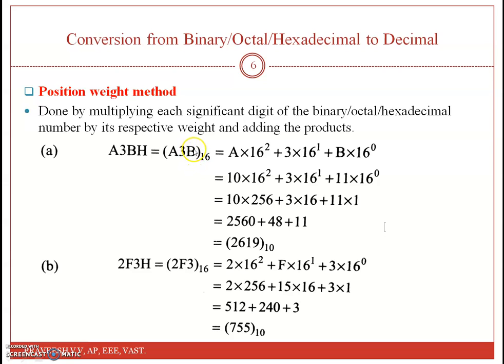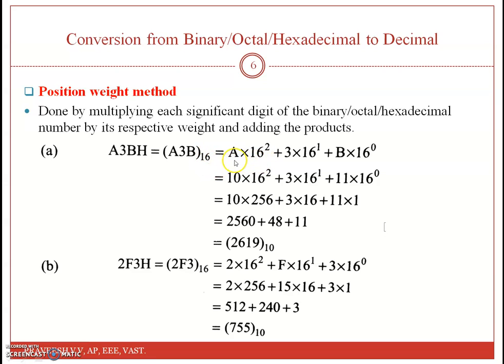Here this is the least significant digit, and this one is the most significant. From the least significant digit, you will have the power of the base as 0, then next 1, next 2, etc. If I had a fractional part here, starting from the point, we would have powers 16 raised to minus 1, 16 raised to minus 2, etc. In this case, I multiply B with 16 raised to 0, 3 with 16 raised to 1, and A with 16 raised to 2, and add them all.